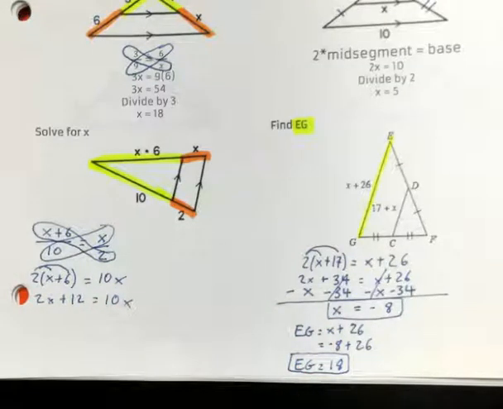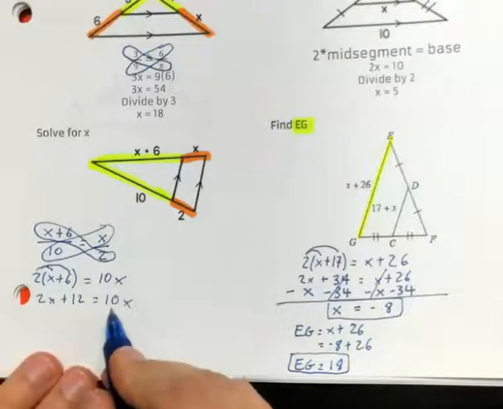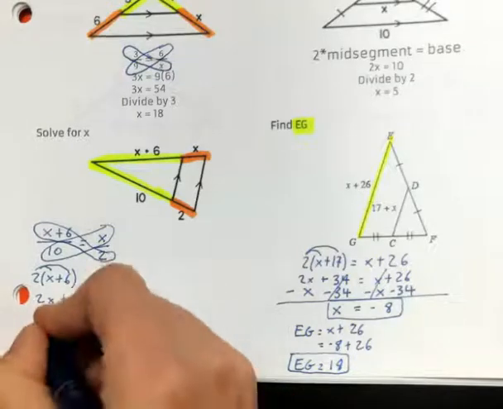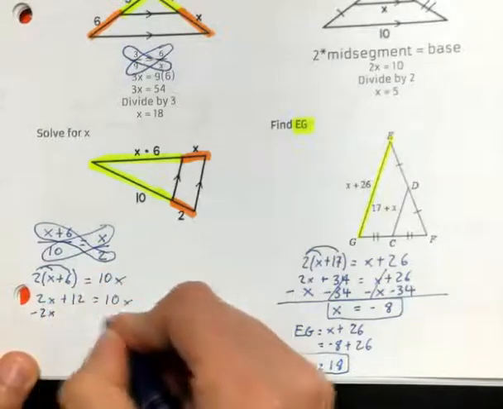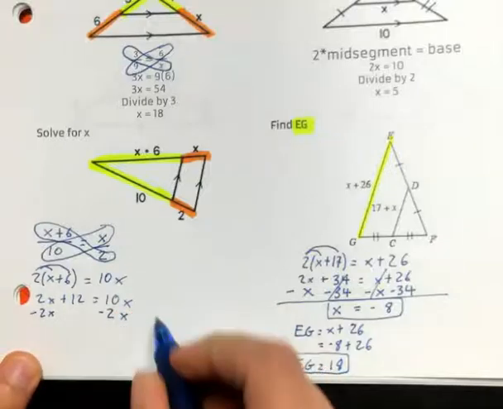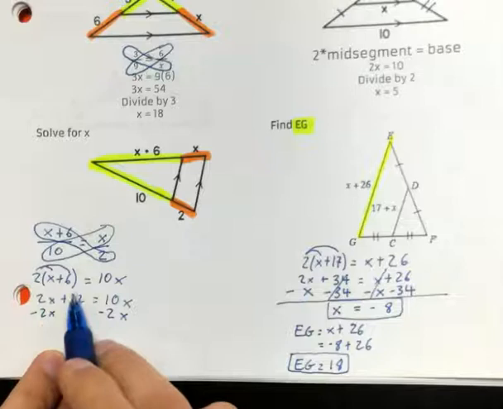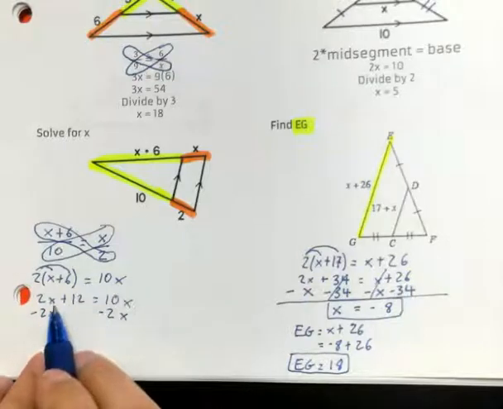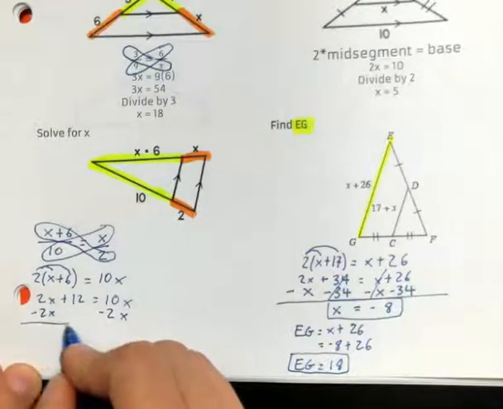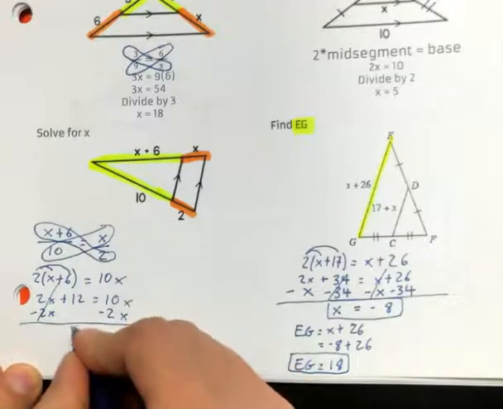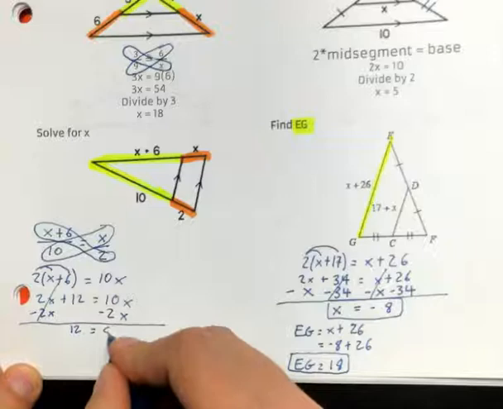I want to have my x's on one side and my numbers on the other side, and I usually like to keep my x's on the side that has the bigger number in front of my x. So that means I want to move this 2x over to this side. Well, if I'm moving my x's here, then my numbers without x's need to be here. All right, cool. That cancels out, and then I have 12 is equal to 8x.